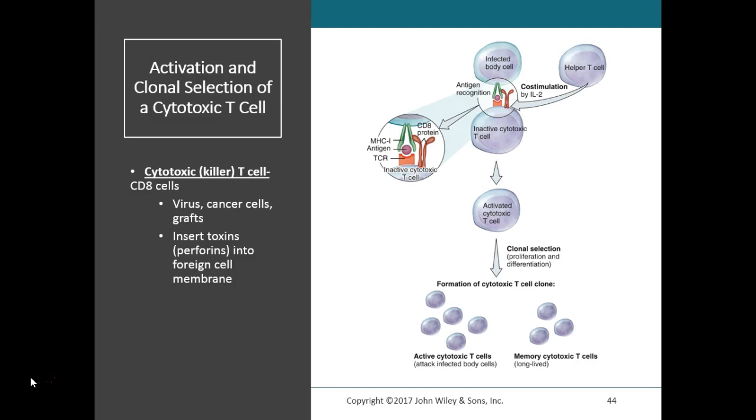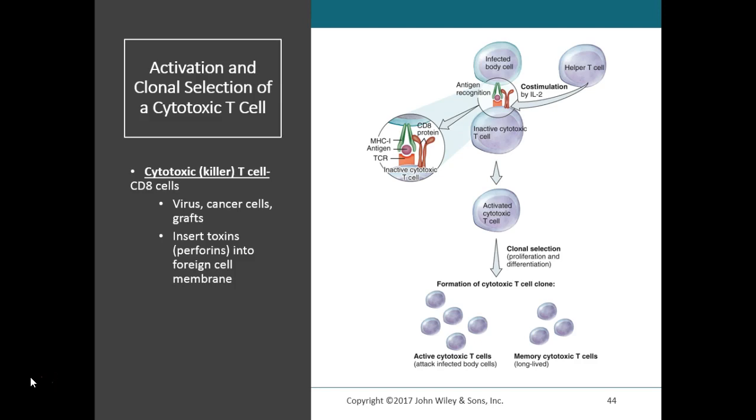Specific T cells that are cytotoxic with specific receptors have been activated by specific binding of antigens, just like we saw with the CD4 cells. So the CD8 receptors are bound by those antigens, and once those cells are turned on, then they're going to clone themselves, resulting in more cytotoxic T cells that consist of active cytotoxic T cells and memory cytotoxic T cells.